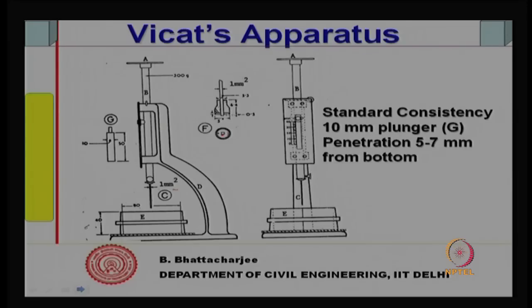So, standard consistency is determined by this 10 mm plunger, that is this one, and its penetration should reach 5 to 7 millimeter from the bottom. So, find out the consistency at which 5 to 7 millimeter from the bottom is reached.